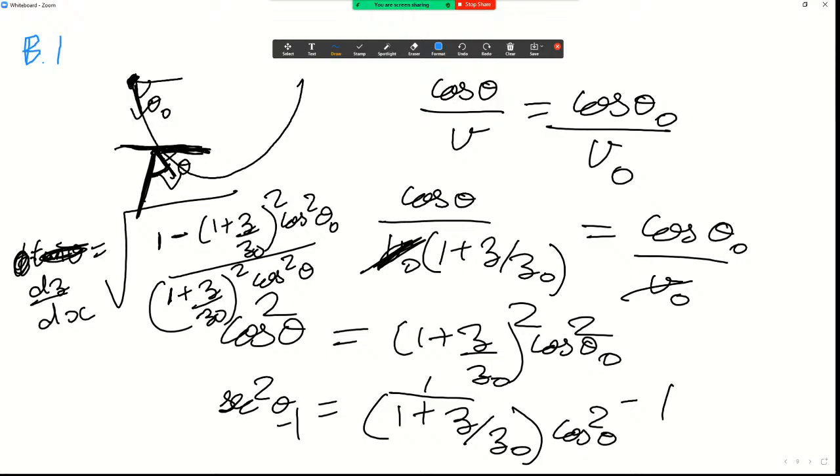This is theta naught. Maybe there's a simpler way to do it. Yes, I should erase this.